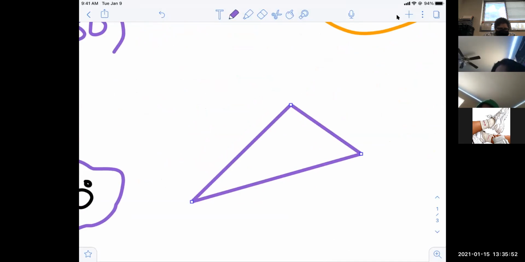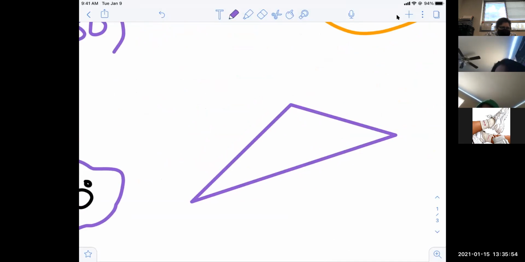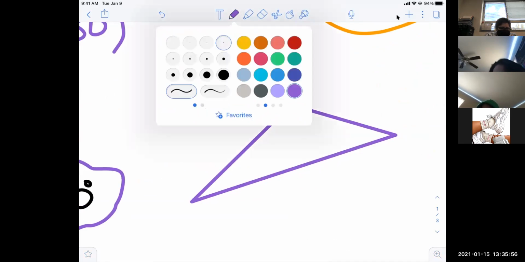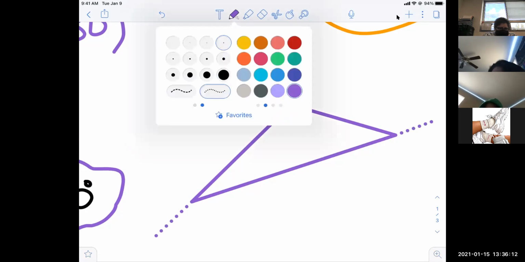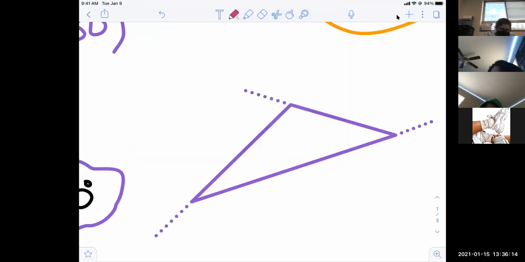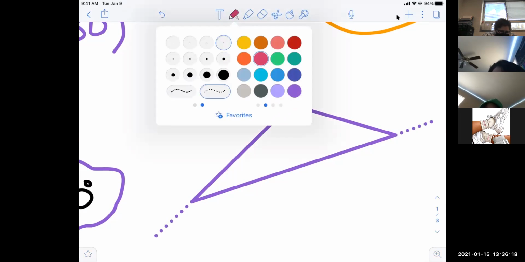At every vertex, if you stretch out one of the sides, I'm going to stretch out just one of the sides and look at the angles in here. So let's say that that's like 20 degrees.